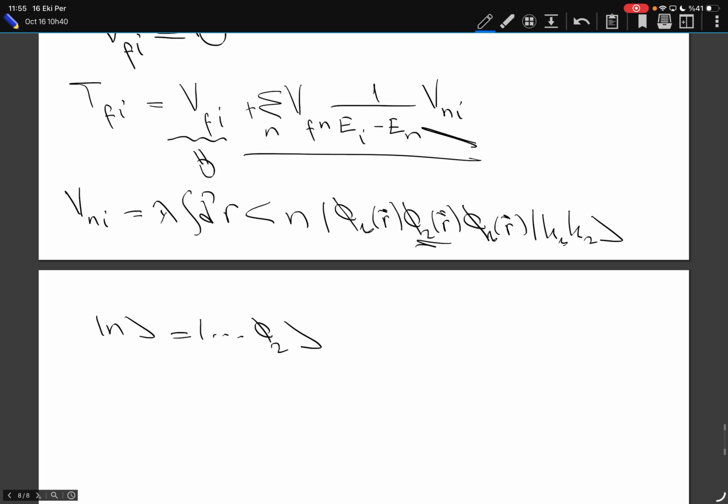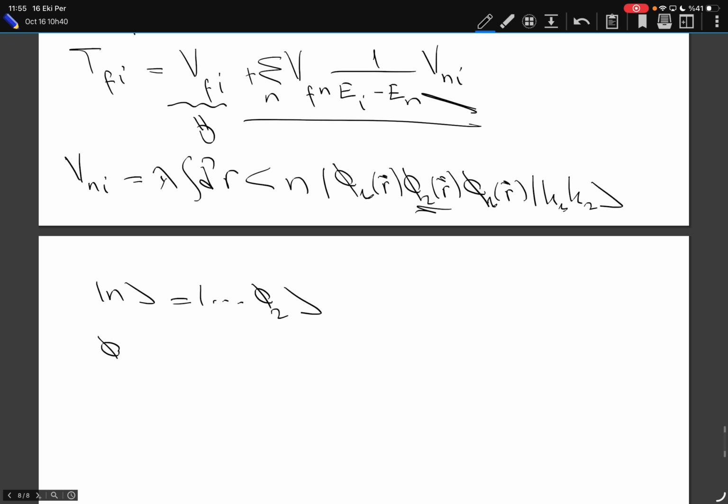Let's look at the other terms. Let me just look at phi 1 r, phi 2 r, phi 1 r, acting on this K1, K2. What are the terms I have? I'm still not doing all the computation explicitly. I will be trying to pick up the terms that will contribute.